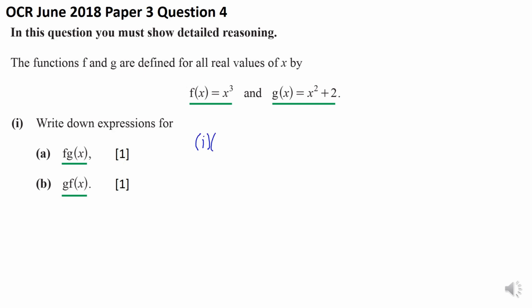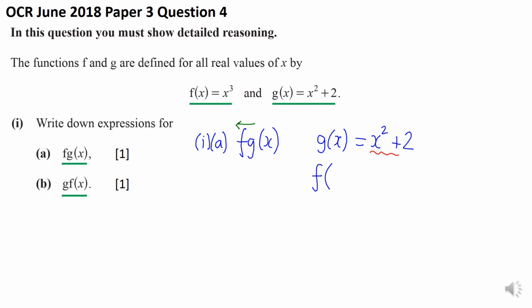Part A is asking us to work out f of g of x. So of course we go from right to left, away from the brackets. So g of x comes first. g of x equals x squared plus 2. And we now work out f of the output.